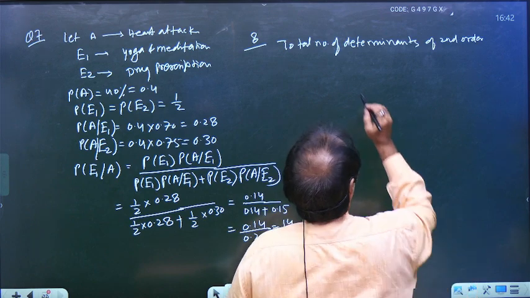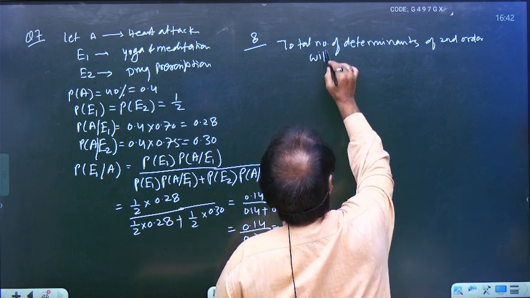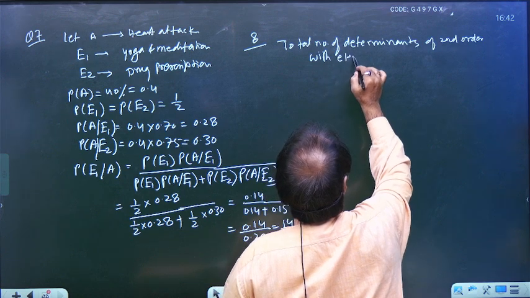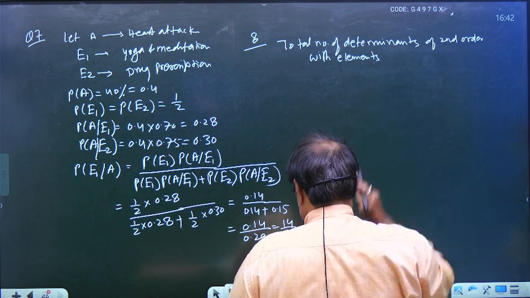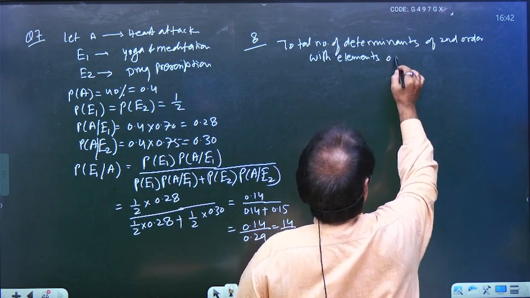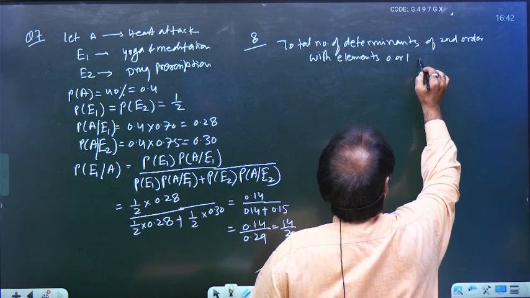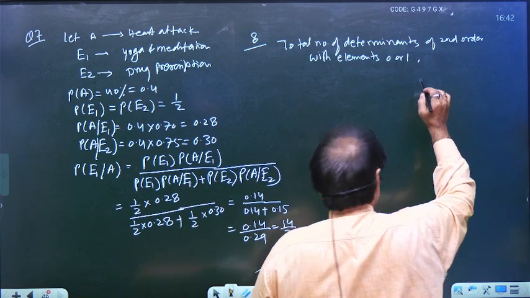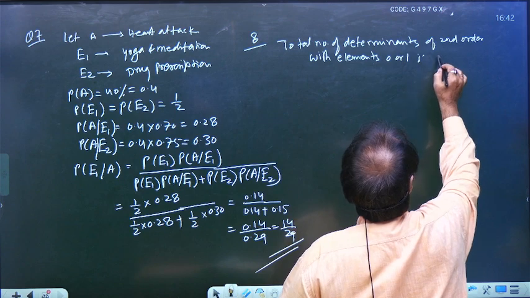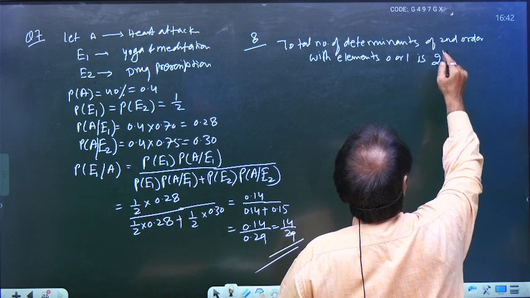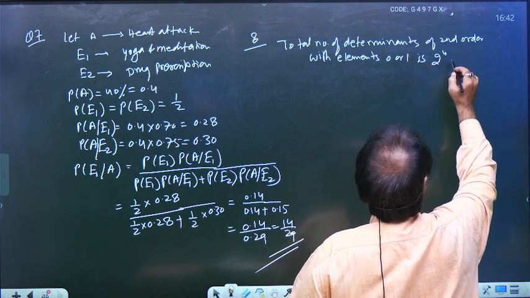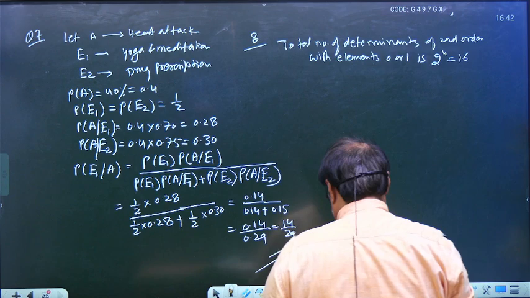with elements 0 or 1 is 2 to the power 4, that is 16.